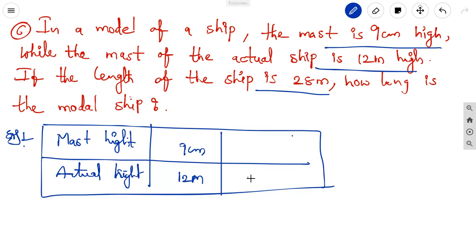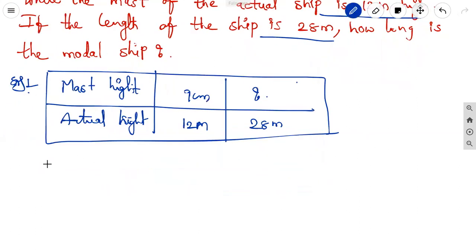If the actual ship length is 28 meter, what is the model ship? They are asking. Okay, it is also direct proportional only. The direct proportion relation with the mast height to actual height or the length, the model ship.